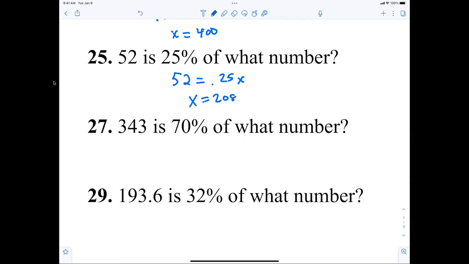Because I divided. What did you divide? No. Watch, guys. Some of you are making mistakes on this. So you're dividing this by 0.25, dividing this by 0.25. These guys cancel. So what's 52 divided by 0.25? What is it? 208. Okay.